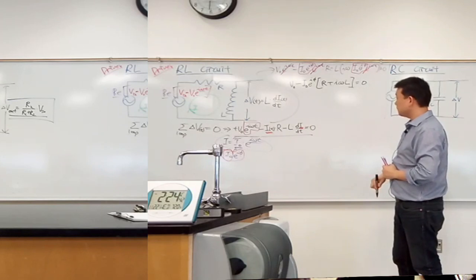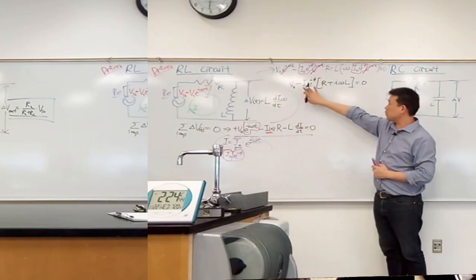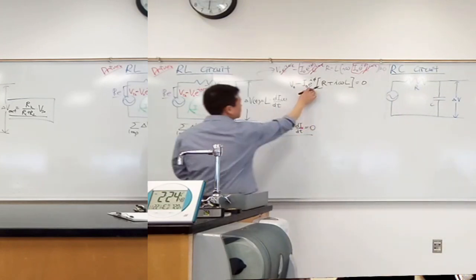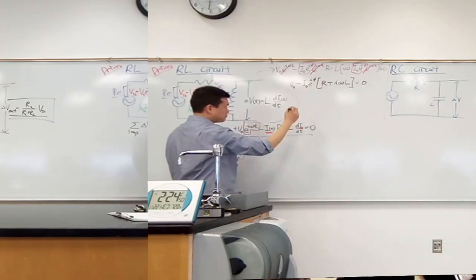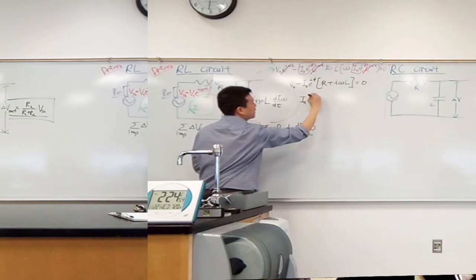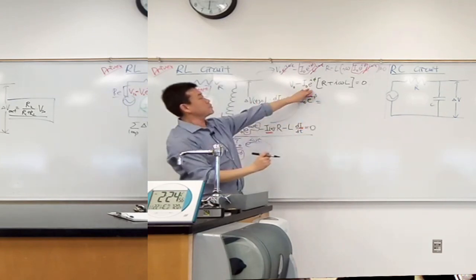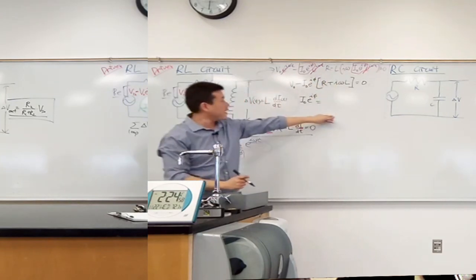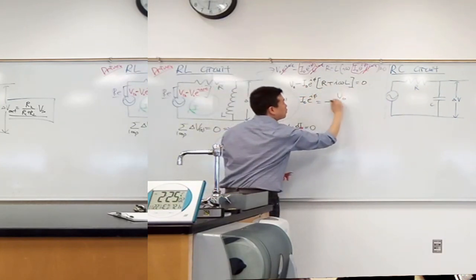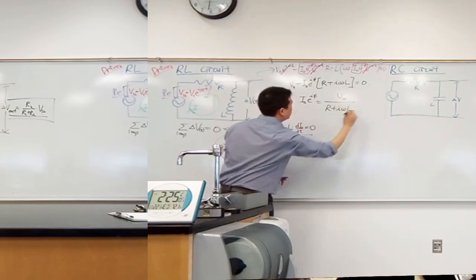And when I solve for the current, this is what I end up with. Solving for I naught e to the I phi, move this over and divide it through by this. So it'll be V naught over R plus I omega L.